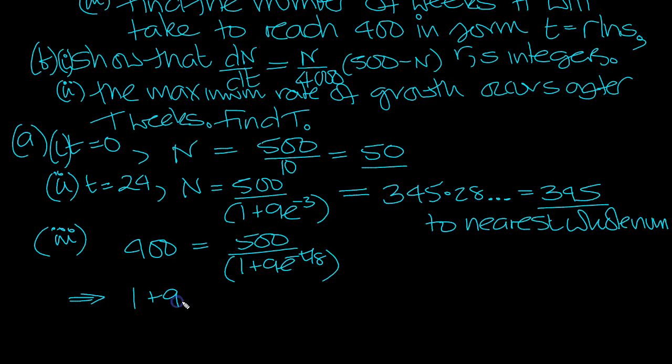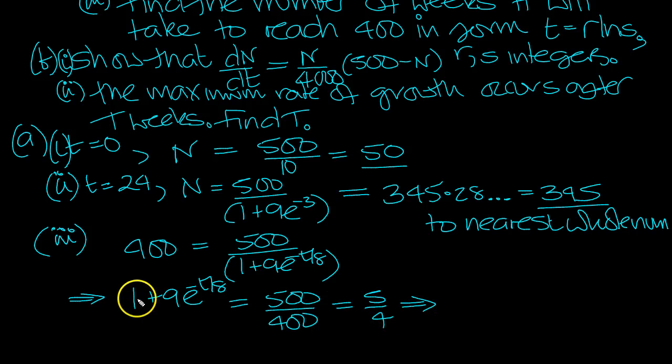So the 1 plus 9 e to the minus T over 8 we've moved up. We've left the 500 as is, and we move the 400 down to be underneath on this side. 5 over 4. Move the 1 over, take 1, so 9e to the minus T over 8 is 5 over 4 take 1, which is just 1/4.